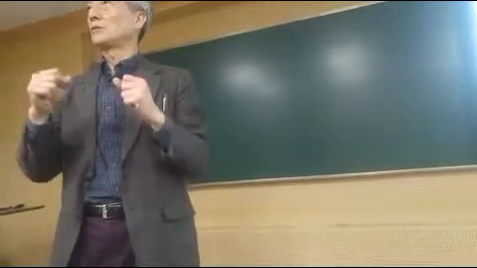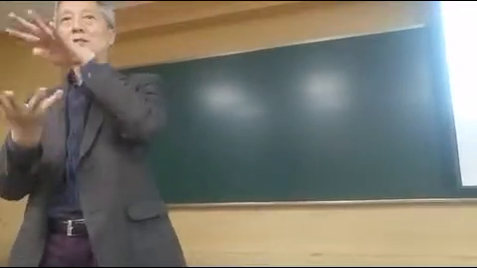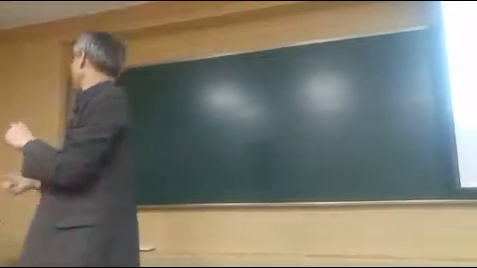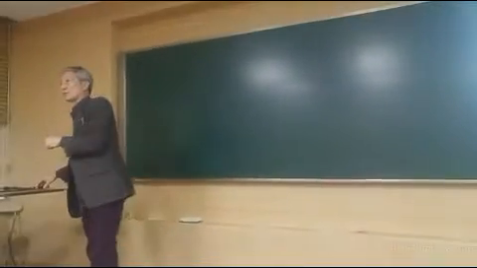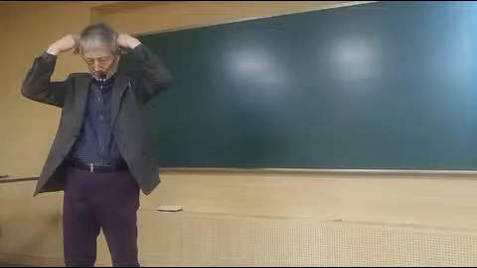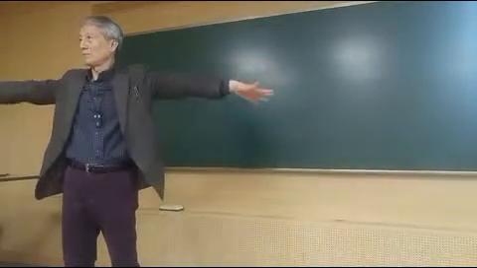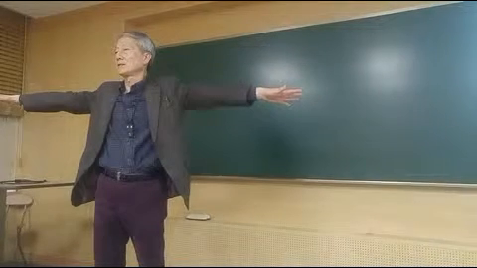Same as the buoyancy of the ship. Buoyancy always balances with the total weight. For an airplane, the total weight is balanced by the lift force made by the wing, right?